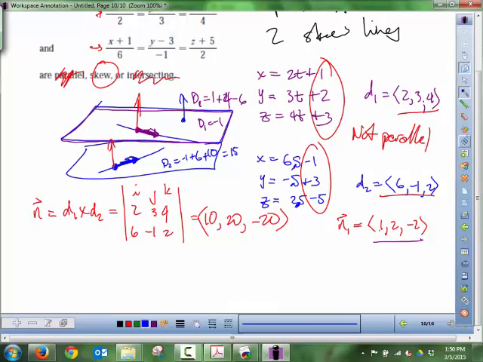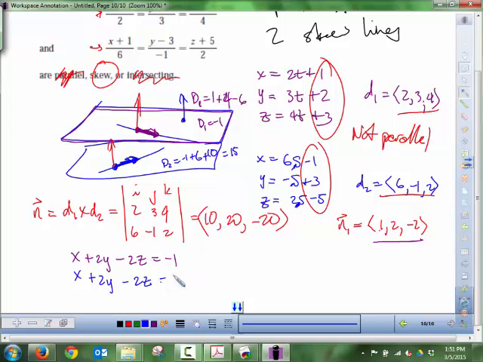So our equation for the first plane has the coefficients of the normal: 1 times x plus 2y minus 2z is equal to the D1 that we found, which is negative 1. And the second plane will have the same coefficients, same normal, except the D will be different. In this case, it will be 15.